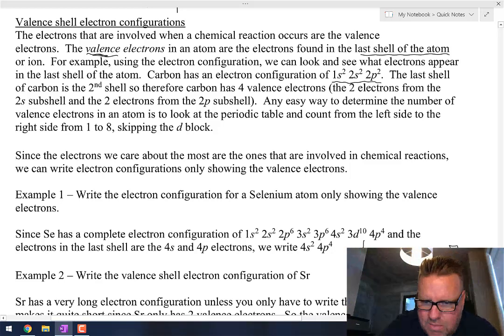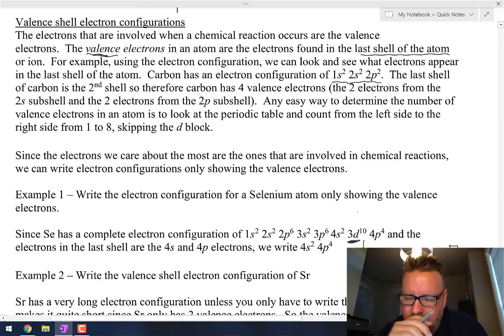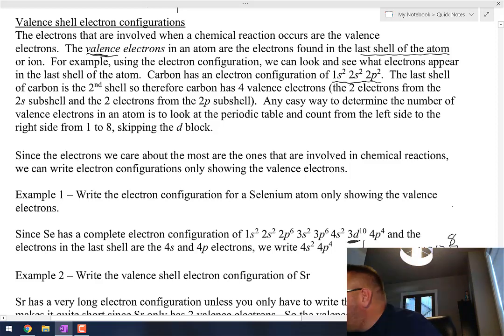Now, we skip the d subshell, and again, why do we do that? Because we know the d subshell is one behind the s's and the p's. So in terms of valence electrons, we now just continue: 3, 4, 5, 6, 7, and 8.